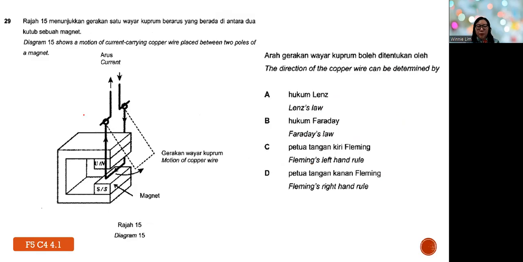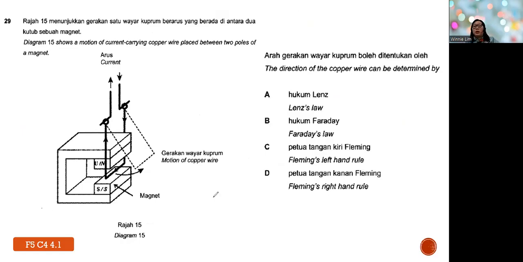Number 29, diagram 15 shows a motion of a current carrying copper wire placed between two poles of a magnet. The direction of the copper wire can be determined by, so this idea is under the topic of 4.1 on the catapult field idea.